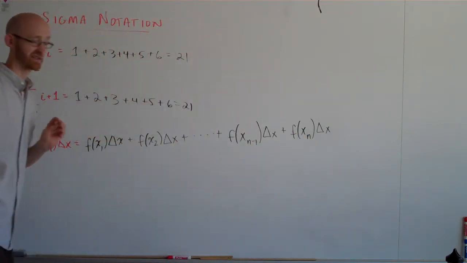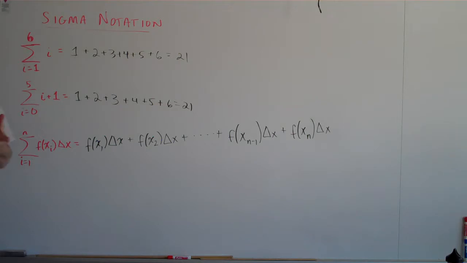Think about what f of x sub 1 could be. Well, usually those translate for us into y values, right? So it's really a y value times some change in x. Just think of that as a little width. So if you think about this, actually what this thing is, it's a height of a rectangle times a base of a rectangle. Or just think of it as height times base, right?